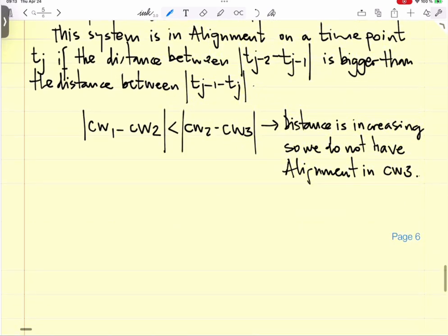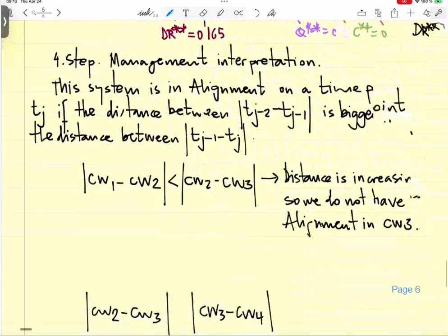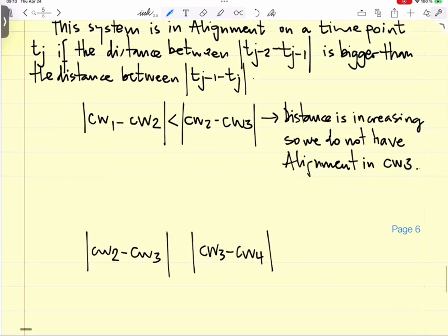So next, calendar week 4: the distance between calendar week 2 and calendar week 3, and the distance between calendar week 3 and calendar week 4. Well, it seems that this distance is smaller than this distance, right? So it's way smaller.